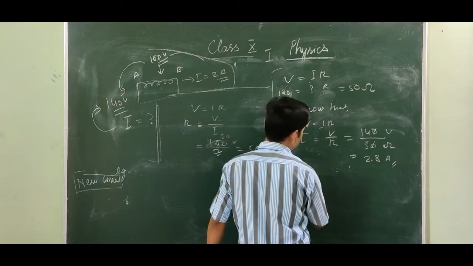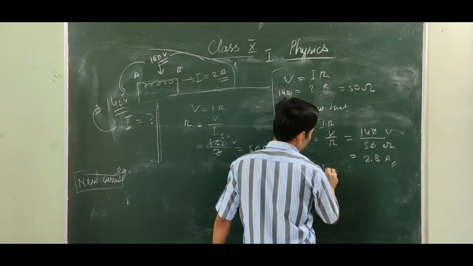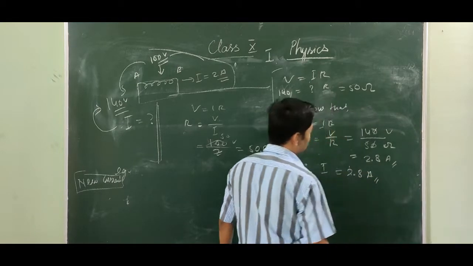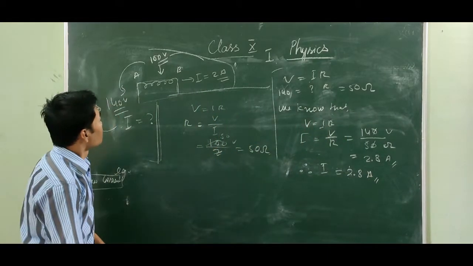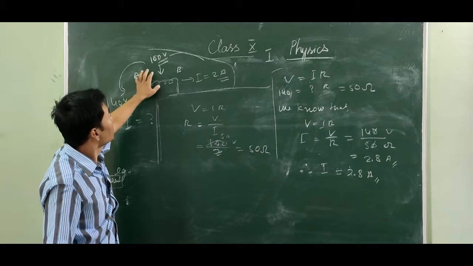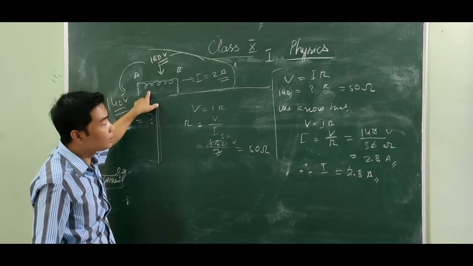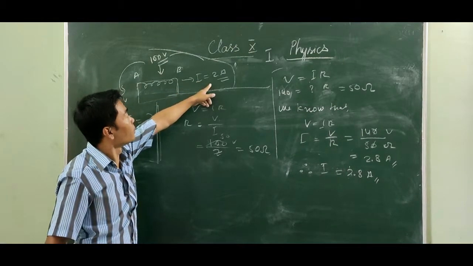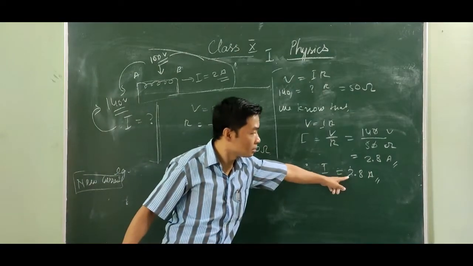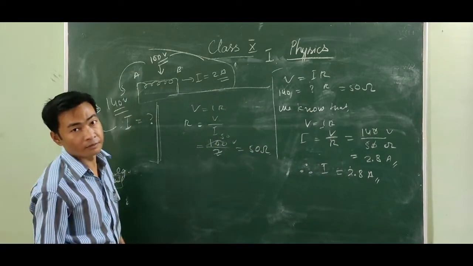Therefore the current I equal to 2.8 ampere. So on giving a potential difference of 100 volt on the same heater, it drew a current of 2 ampere. But if you increase the potential difference to 140, the current also increases. It becomes 2.8 ampere.